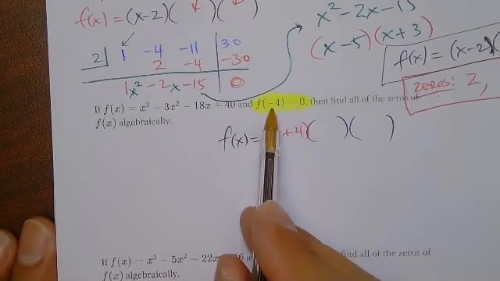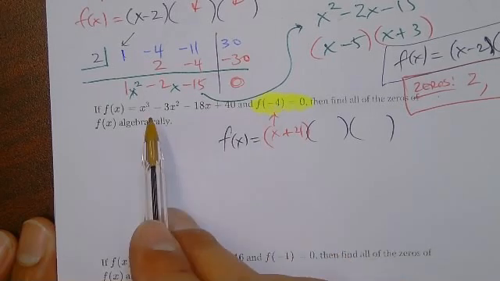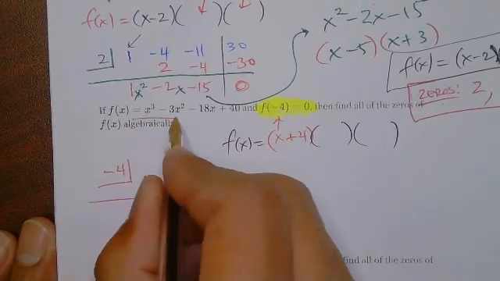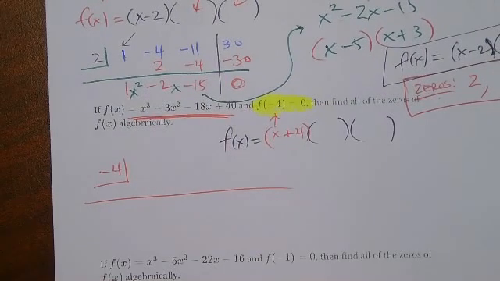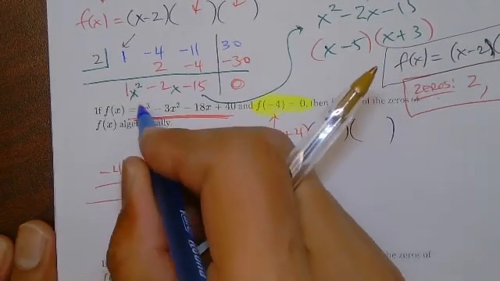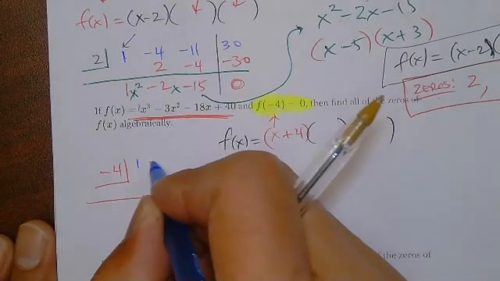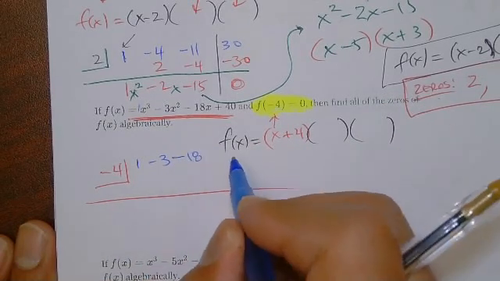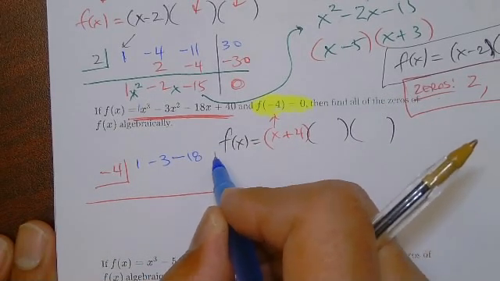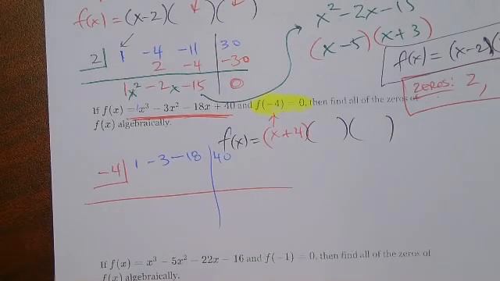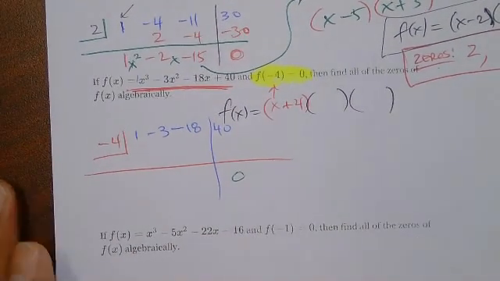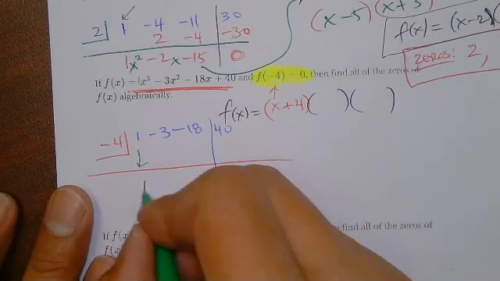After that, it's the same as those first two, right? I'm going to have to divide using the 0. So the 0 is negative 4, divided into the polynomial: 1 for x cubed, negative 3 for x squared, negative 18 for x, and 40.